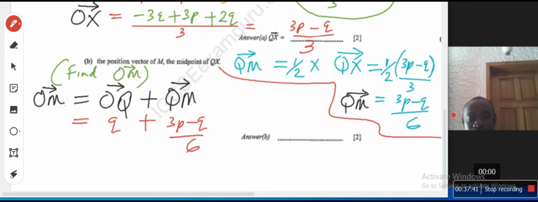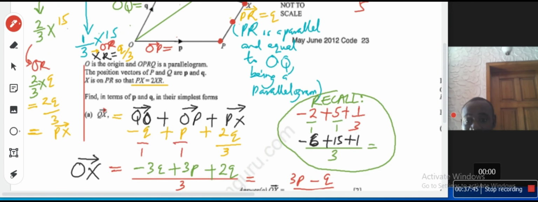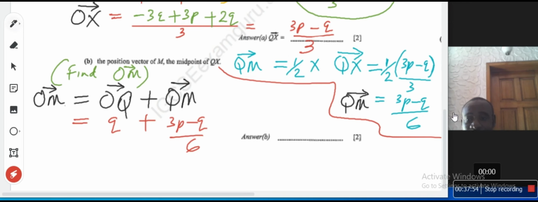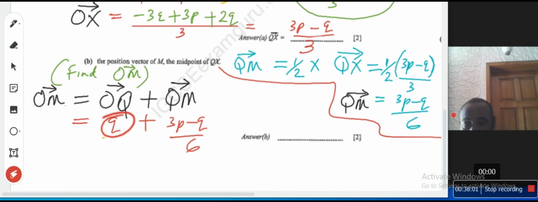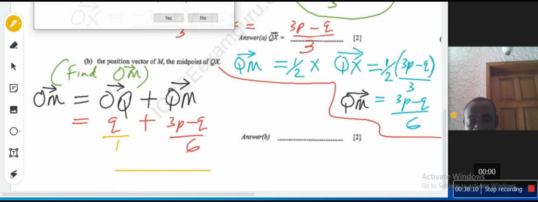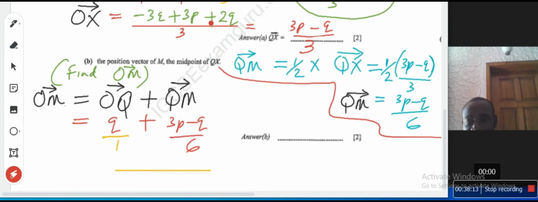What do we do again? It is a fraction. Anytime you find a vector, even though it is not stated, always try to leave it in its simplest form, so you must simplify. That's why simplification of algebraic expressions is important. I've treated that in a previous lesson. Anytime you have a number with nothing under it, just call it over 1. What's the LCM of 1 and 6?